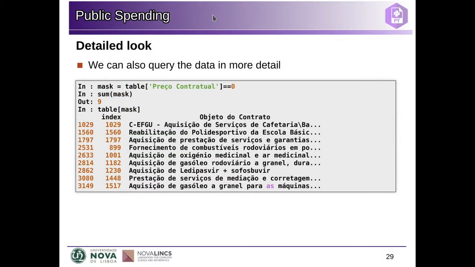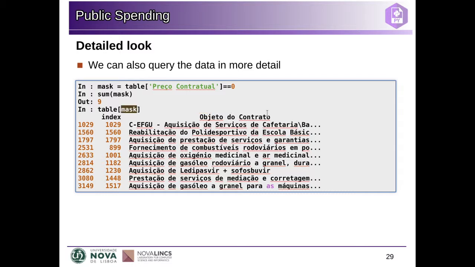And we can do this. We can create a mask for finding which ones have 0. So basically this is a series with Boolean values, true or false, that is true for all the indexes corresponding to the table where the price is equal to 0. We could also use this to select the rows directly like this, but sometimes it's better to simplify your expressions a bit.